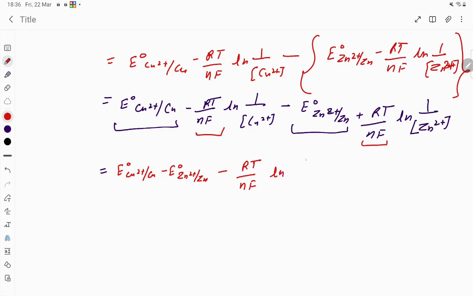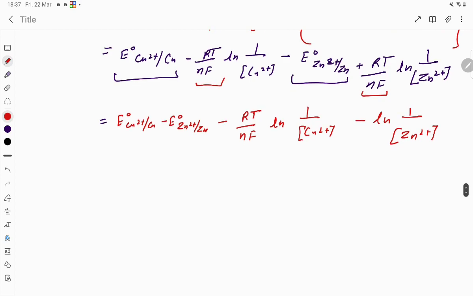Then it is ln 1 upon Cu2+ minus ln 1 upon Zn2+. Because we have taken the minus common already, this term becomes minus minus plus.